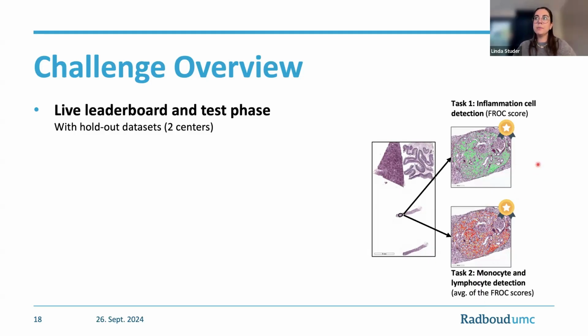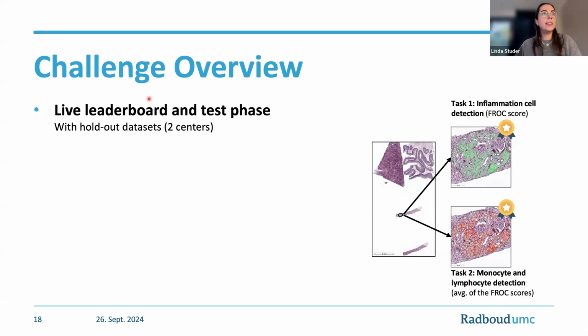The teams were free to either submit their solutions for task 1 or task 2, but actually all teams opted to submit solutions for both tasks, which was really nice to see. We had 2 different phases. We had a model development phase with a live leaderboard where the teams, over the span of 4 months or so, could continuously submit their algorithms, and they could immediately see how well they were doing on the live leaderboard.